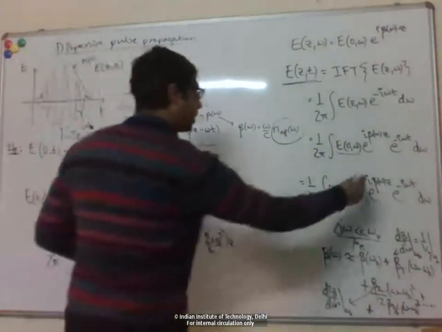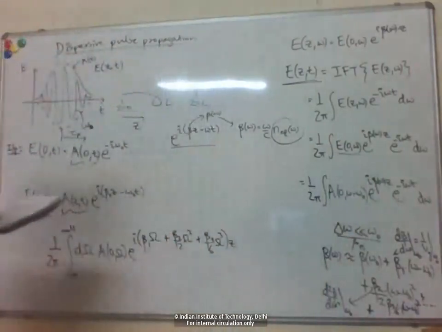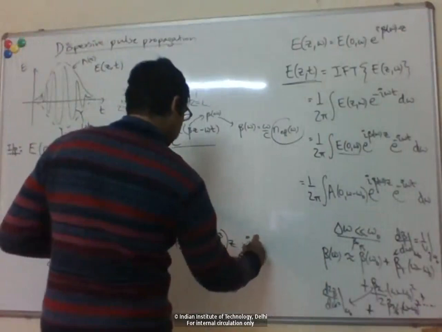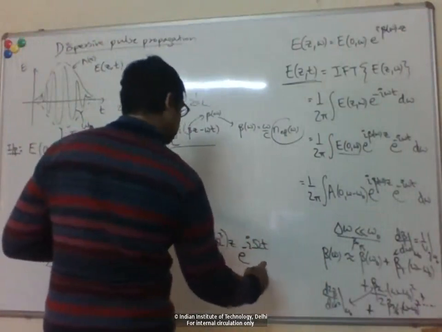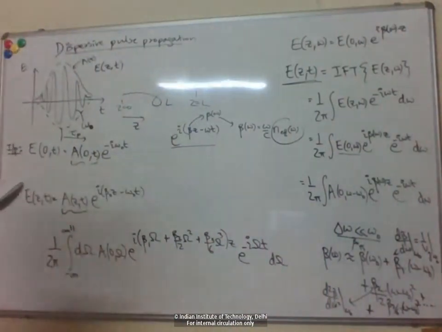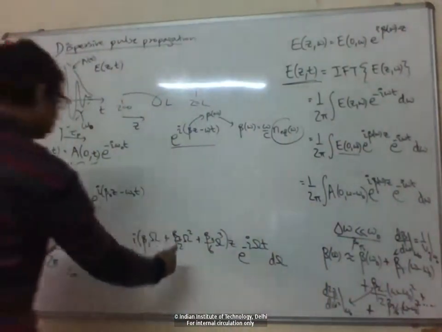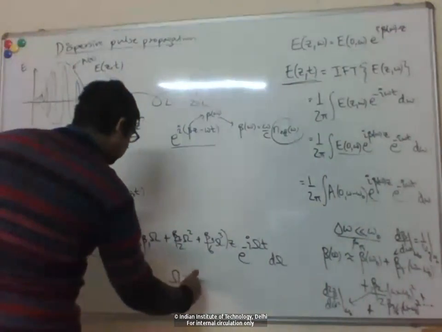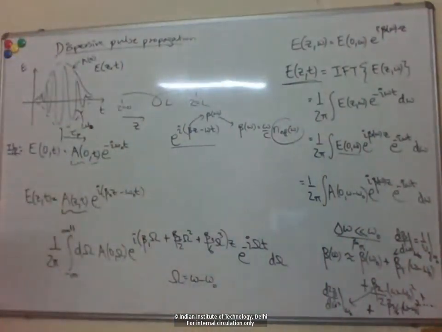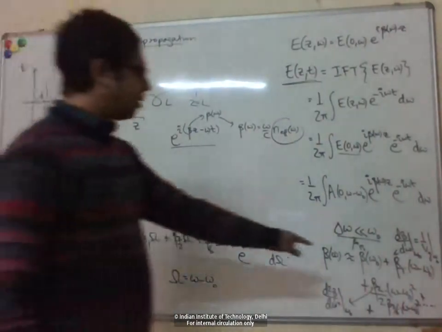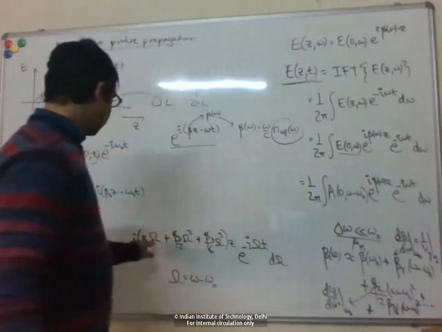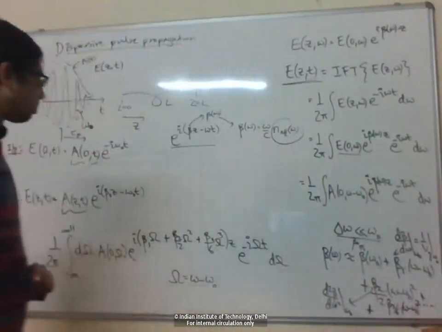Then we have this in the phase factor here, right? Where this capital omega is just the detuning from center frequency. Right, so we have beta 1 times omega minus omega naught. So that's beta 1 times this capital omega.